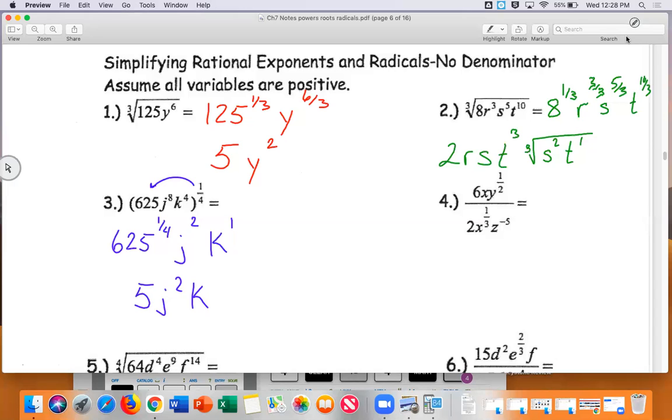So Cody, what we can do with radicals and exponents is we can transfer back and forth between them. When it's in radical form, meaning like number 2, we can make the exponents for each term a fraction. So the way we do that is this, Cody.